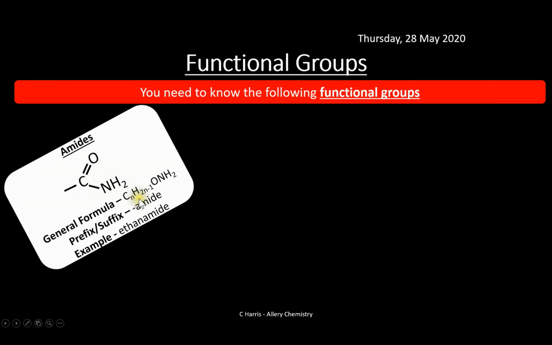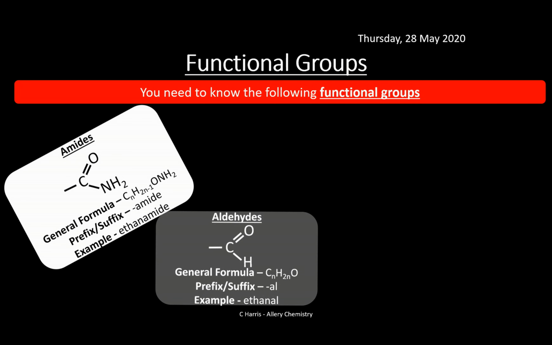So the general formula is CnH2n-1ONH2. Wow, there's a lot there. The suffix is -amide, so we just put amide on the end. For example, ethanamide. So we'll look at amides later on. There's a little bit you need to know about amides and secondary amides for that matter a little bit later on. So you will see them.